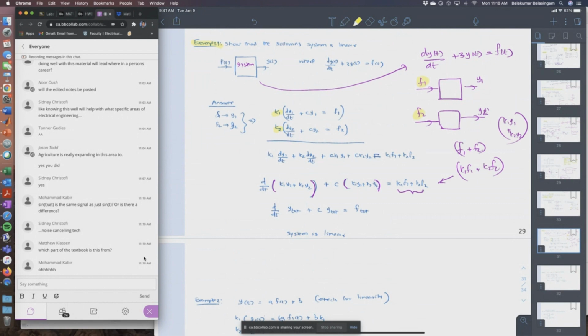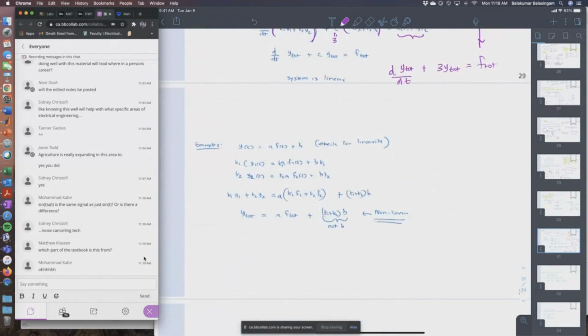And that is exactly in the form, with c equal to 3 for that example. So it comes to d(y total)/dt plus 3 y total is equal to f total. F total is this. So we were able to show that those two conditions hold, so that system is a linear system.